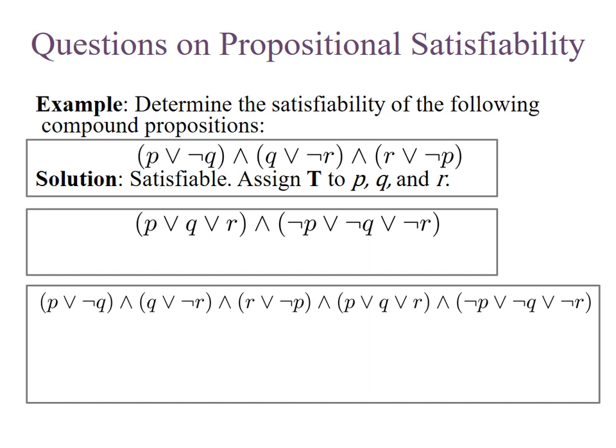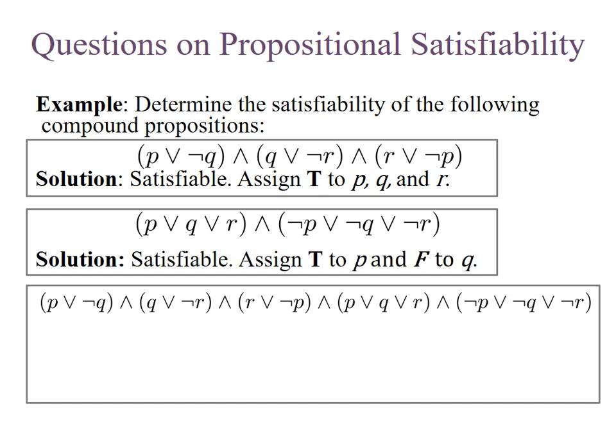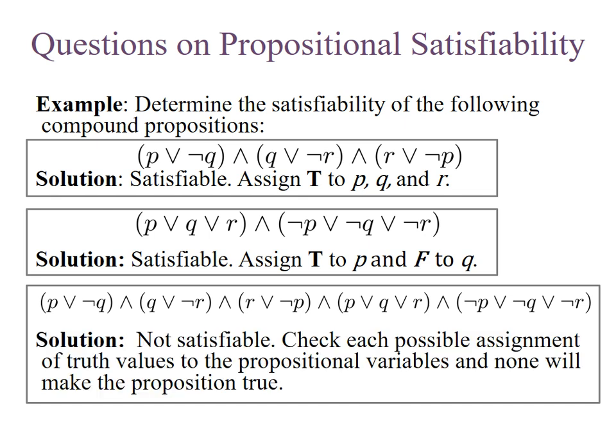Okay, so I think the definition is very easy and you can try these examples by yourself. But when a proposition becomes very complicated, what is the most efficient method to discover the assignment? What will you do?